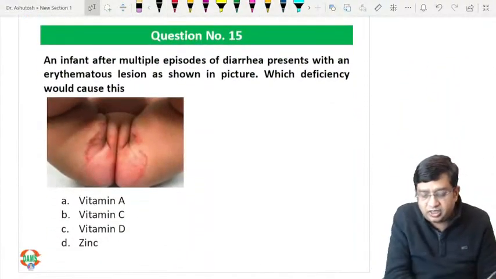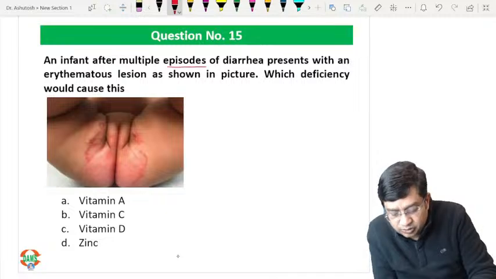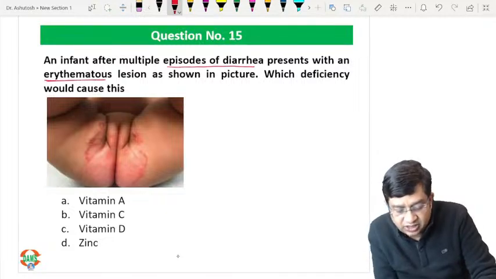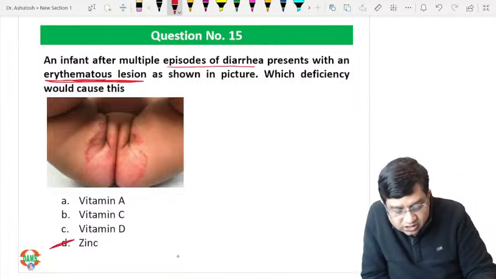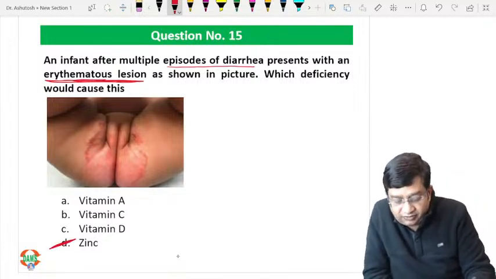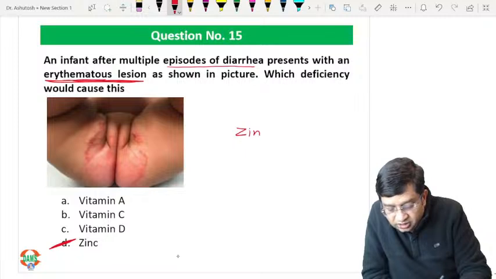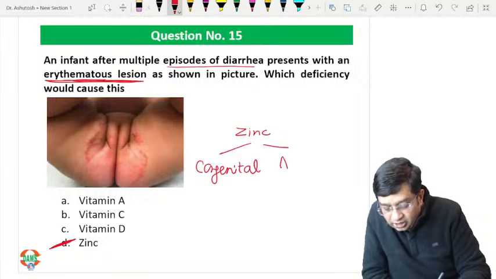Next one, an infant after multiple episodes of diarrhea presents with an erythematous lesion as shown. Which deficiency? Of course a straightforward answer, zinc deficiency. And zinc deficiency can be congenital or acquired.